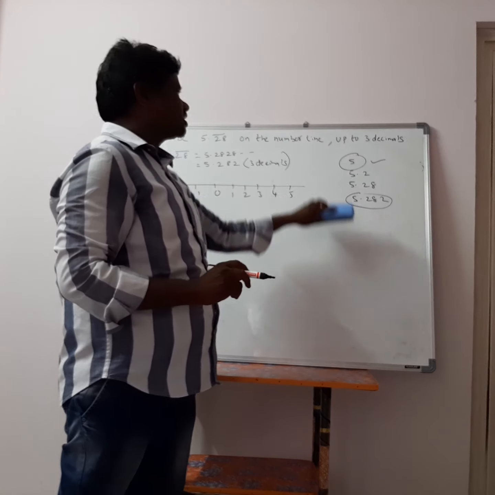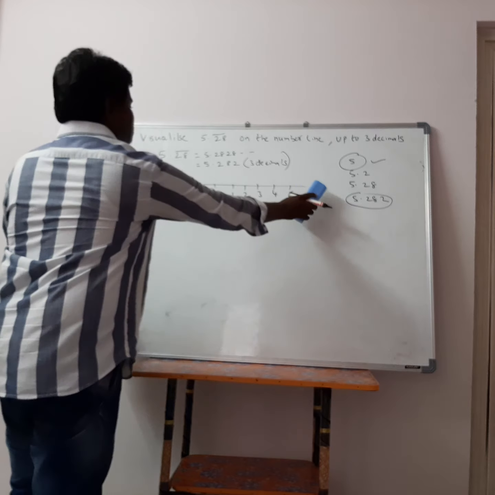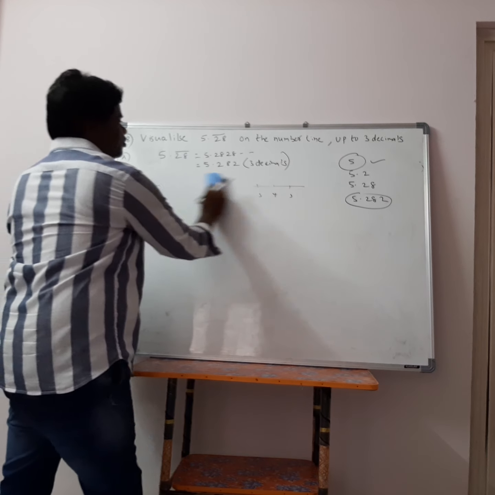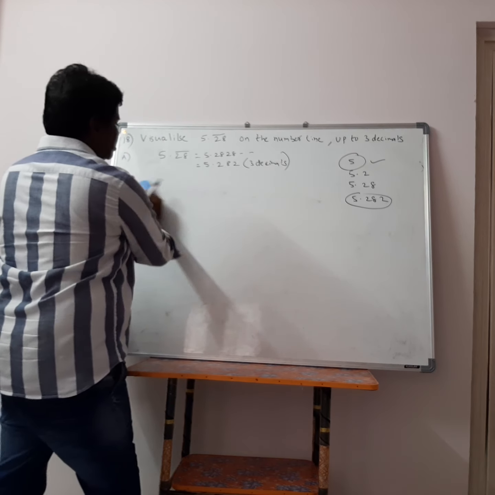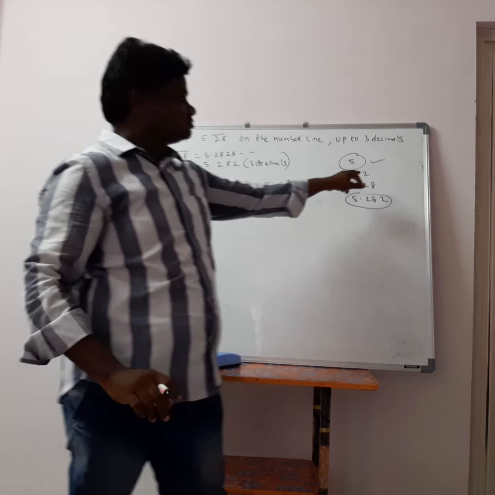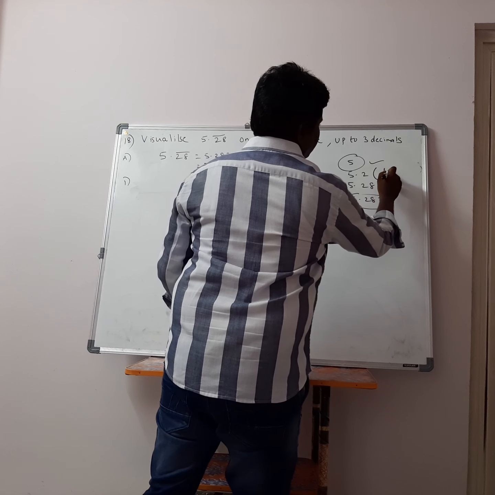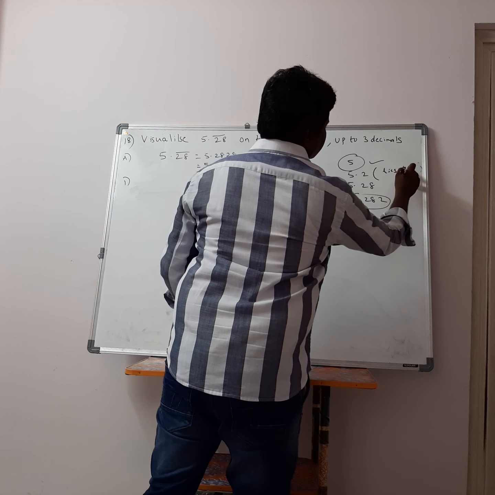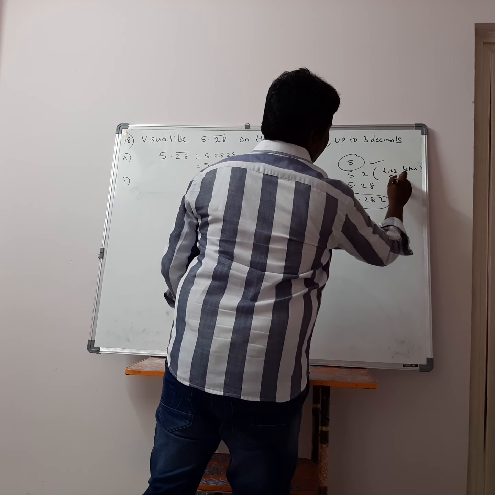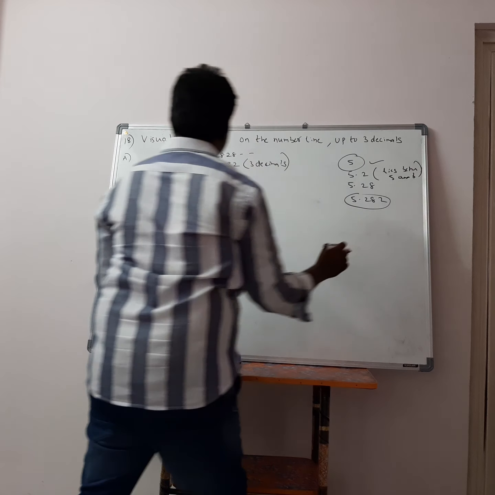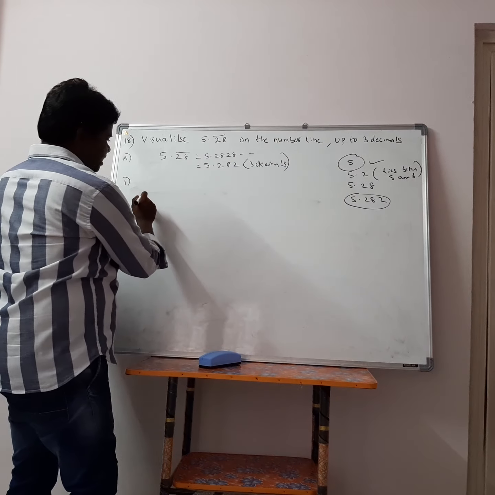First you have to check about 5.2. 5.2 lies between 5 and 6. So you have to draw a number line.